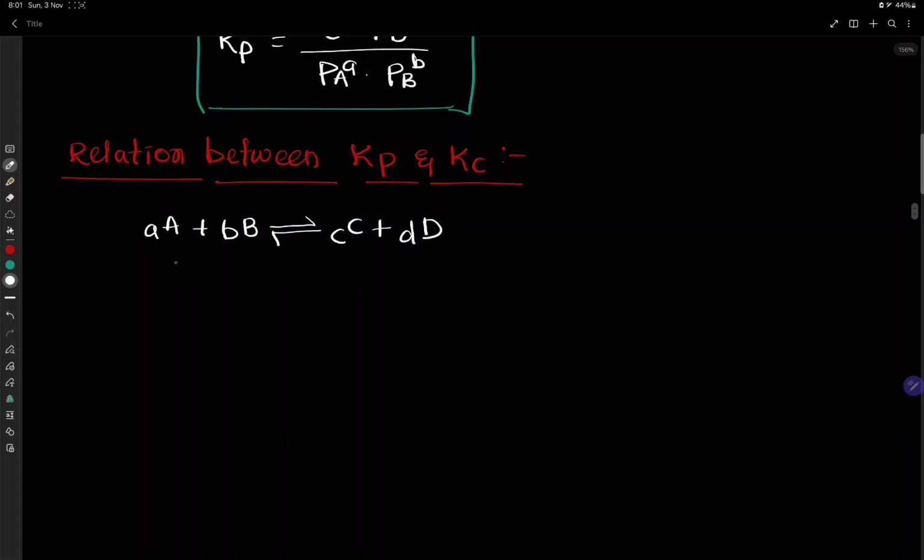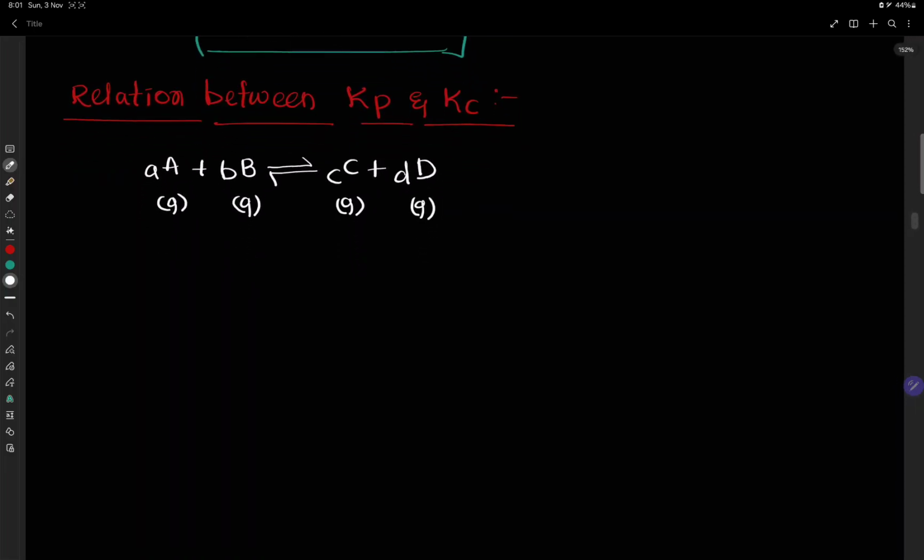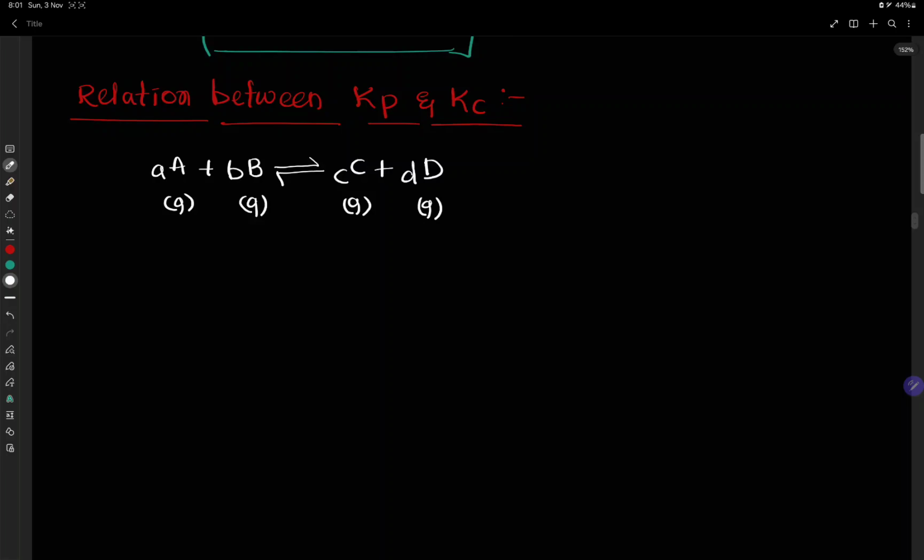Now if all these are gases, reactants capital A, capital B are gases, products capital C, capital D are gases, that means all are gases. Then what is Kp for this reaction? Kp for this reaction is the product of partial pressures of products.